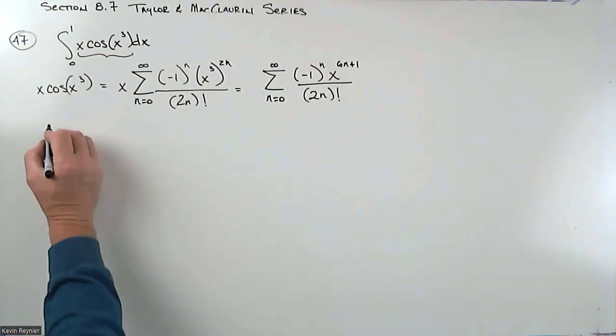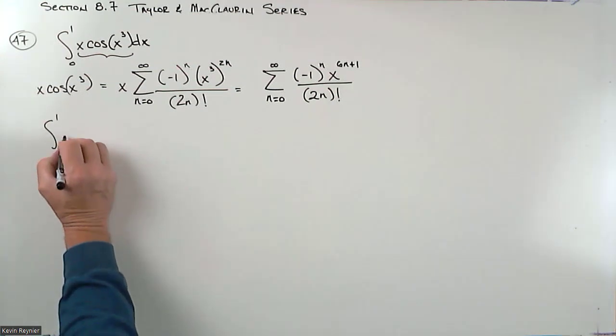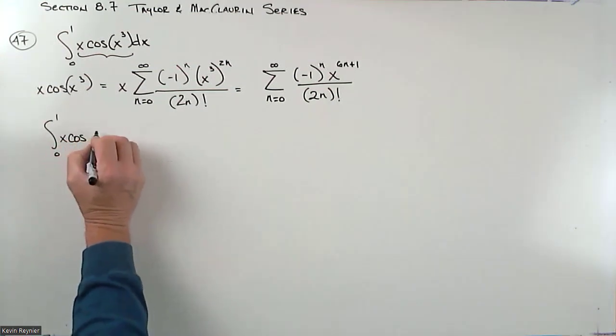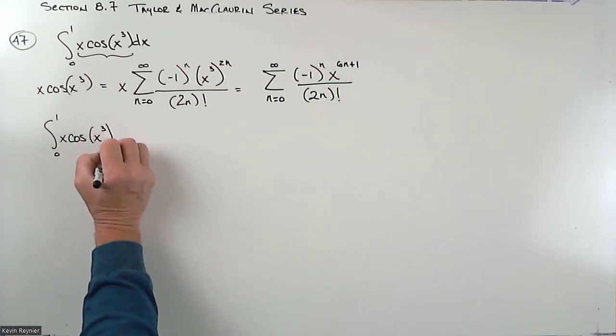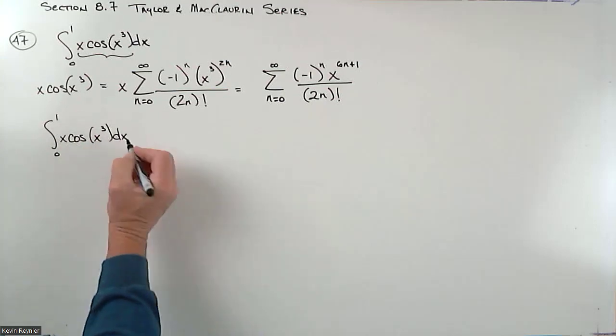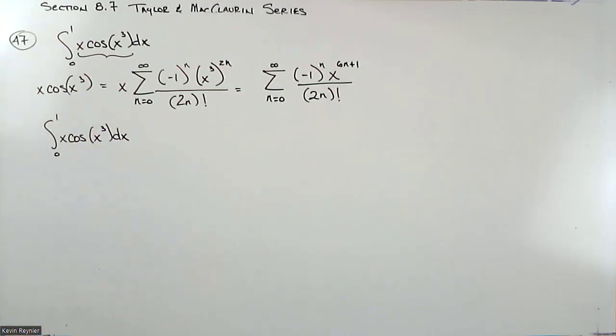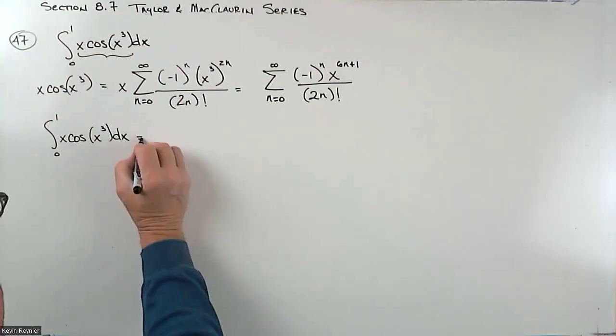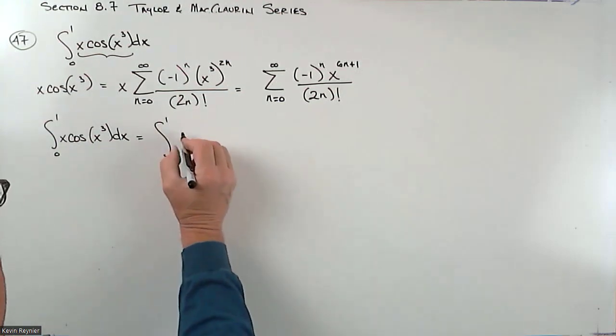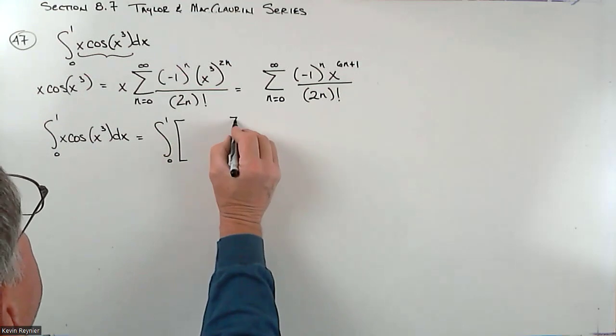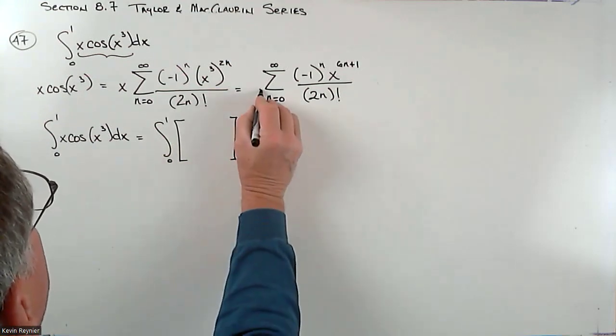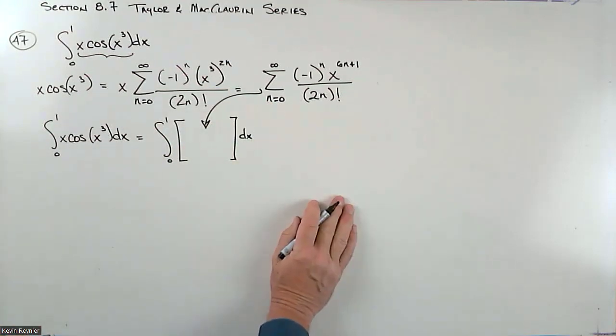Which means the integral from 0 to 1 of x cosine x cubed dx, which we can't do with any technique we possess, is equal to nothing more than the integral from 0 to 1 of this.